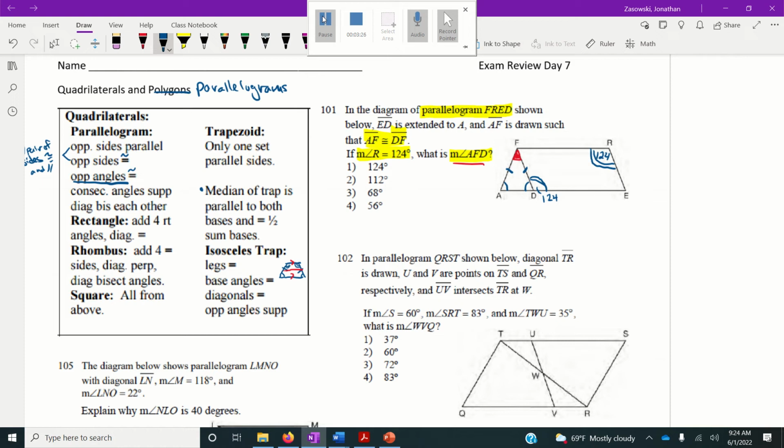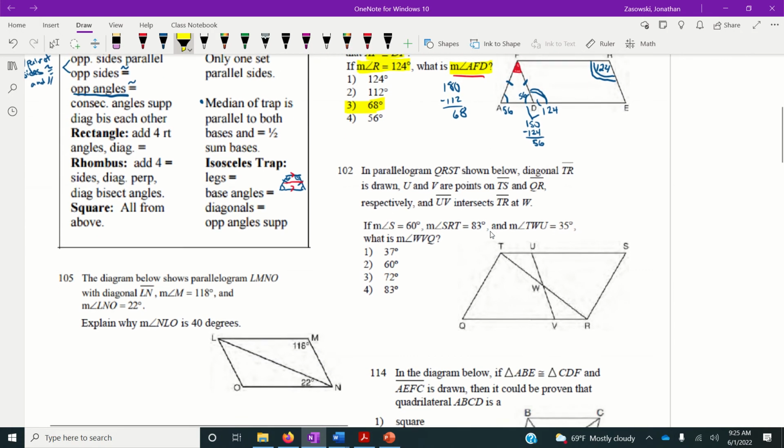Now, since we're talking about the angles inside the triangle, these angles have to add to 180. So 180 minus 124 is 56. That makes the measure of these 2 base angles 56 degrees. Then 56 plus 56 is 112, so 180 minus 112 is 68. And that is the answer to that first question.